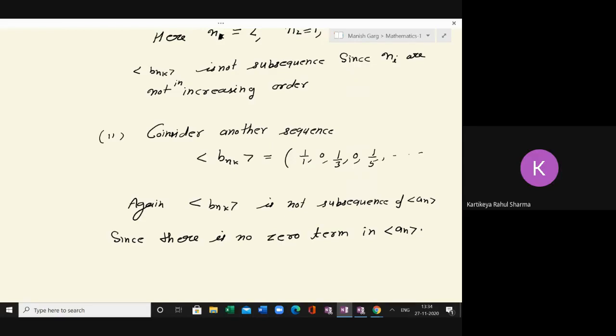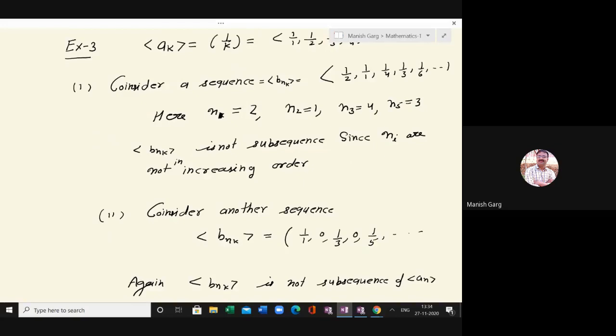Sir, can we say that in this Bnk sequence, since this is not an increasing sequence, that is also why it is not a subsequence? Yes, you can also say this. This is not increasing, that's why. Terms should be in increasing order, n1, n2, n3. Yes, the nk terms are not increasing.